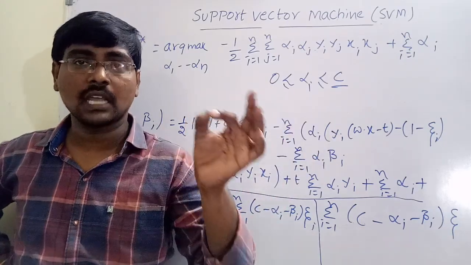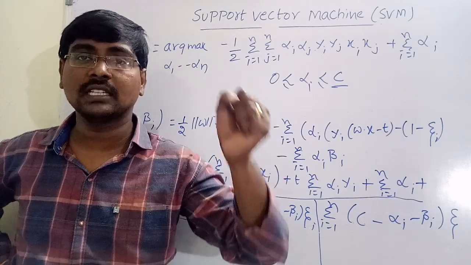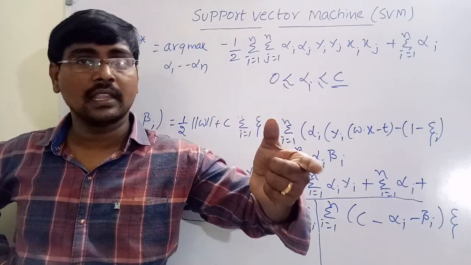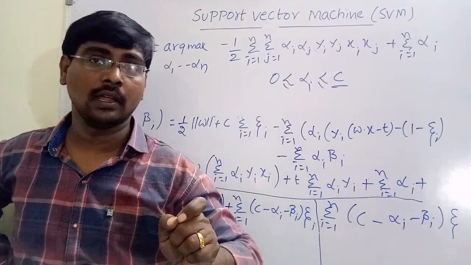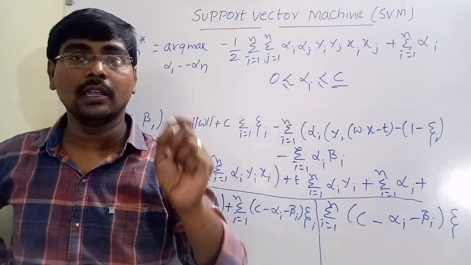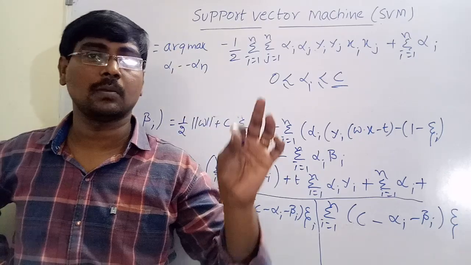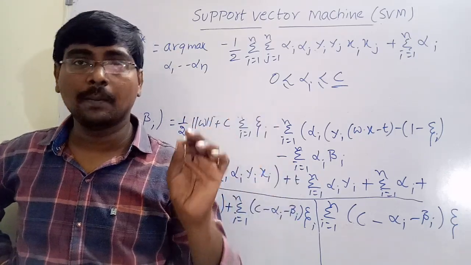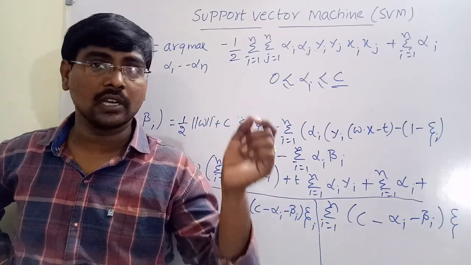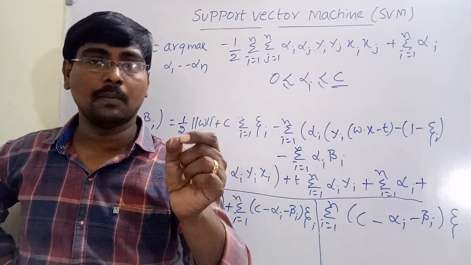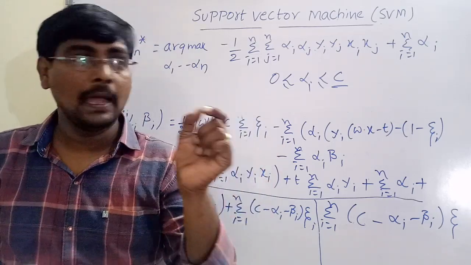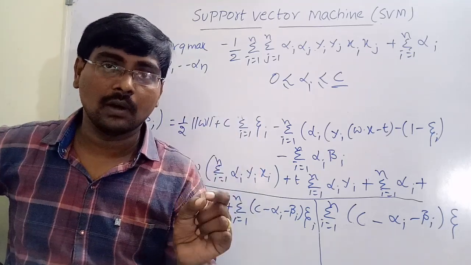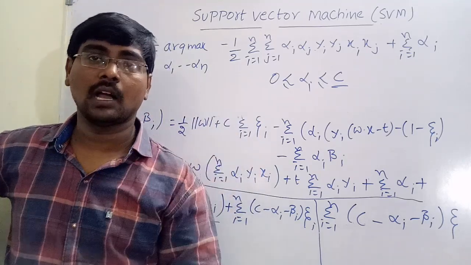Margin is c of x into s cap of x. I am assuming s cap of x is equal to w into x minus t. It is greater than 0 for positive examples and less than 0 for negative examples. Based on that, I apply two formulas. One is constraint optimization: a star comma b star is the optimum of f of a comma b subject to g of a comma b.